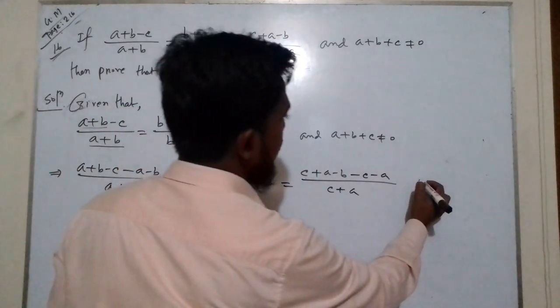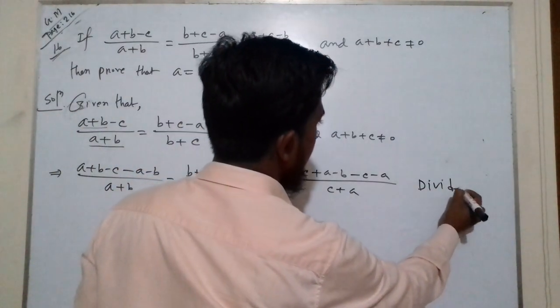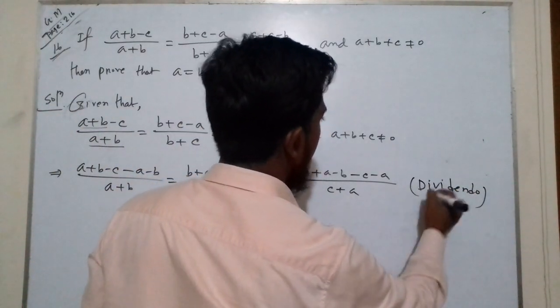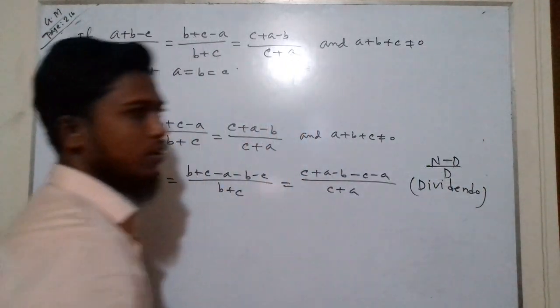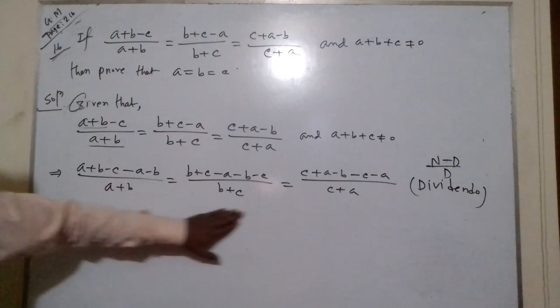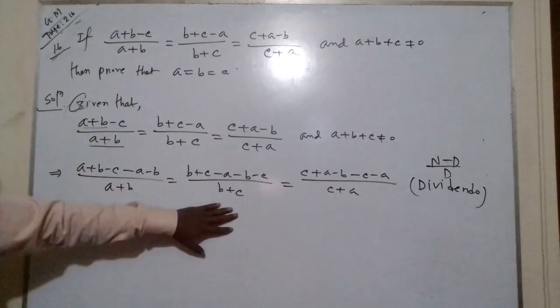The formula of dividendo means numerator minus denominator divided by denominator. I think you have understood this calculation.